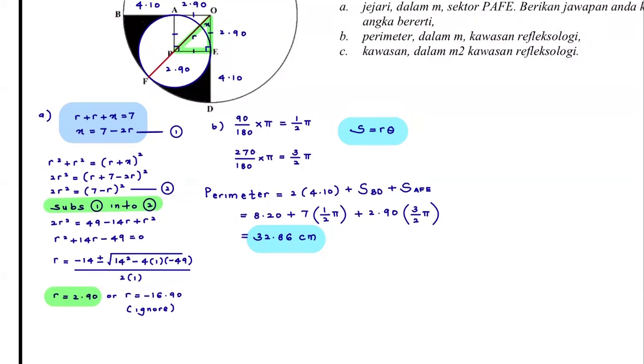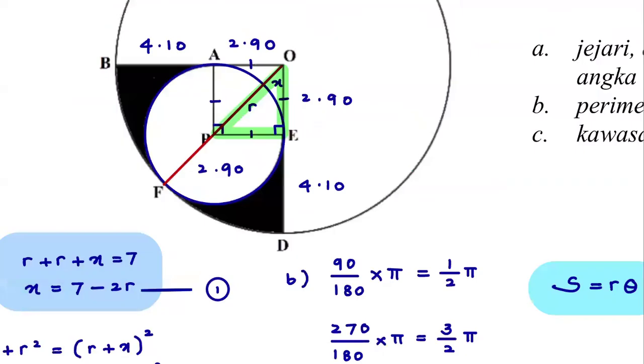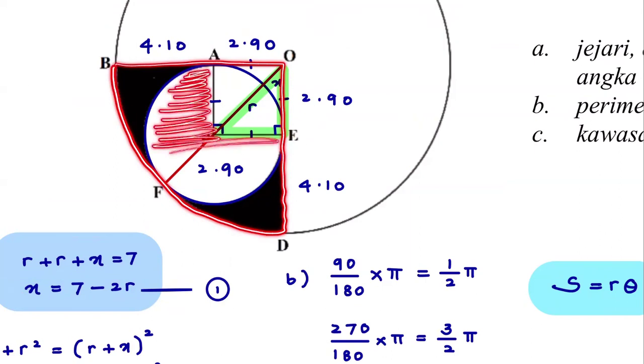Okay, your next one, they ask you to get the area of the shadow region. If you go through here, the area of the shadow region is the big sector. This is your big sector, right? Wait, I show you in this one. Can you see this is a big sector? Inside this big sector, we have this part, a 3/4 quadrant, right? Can you see this?